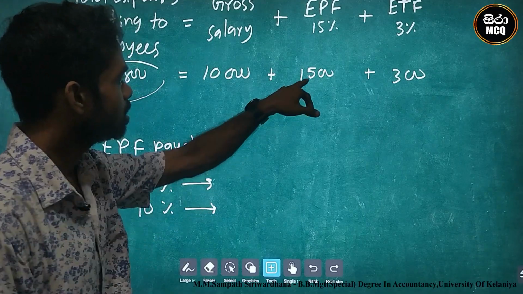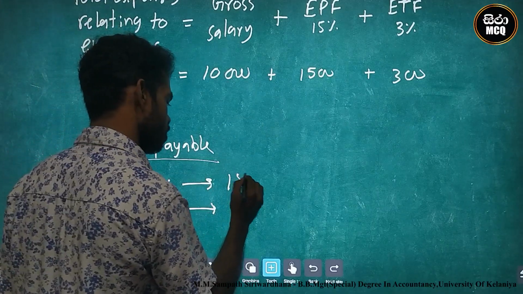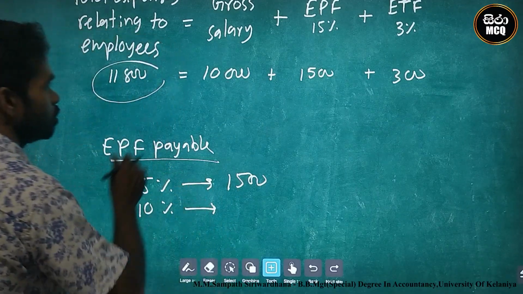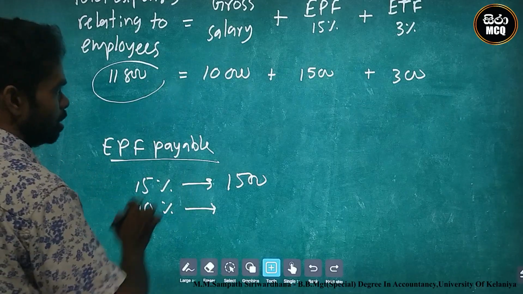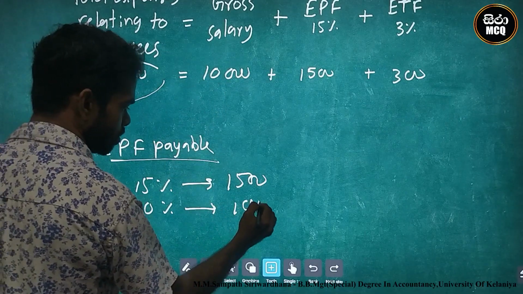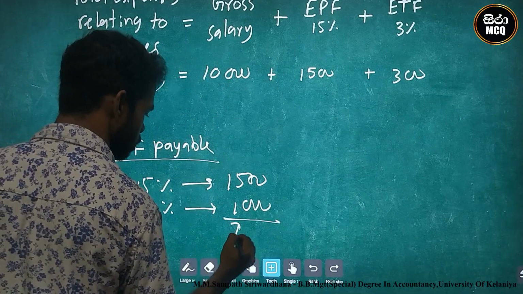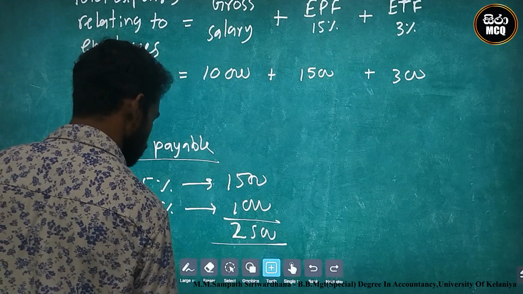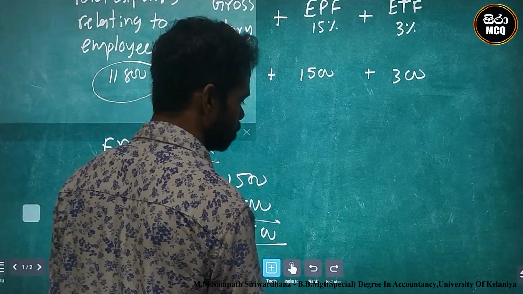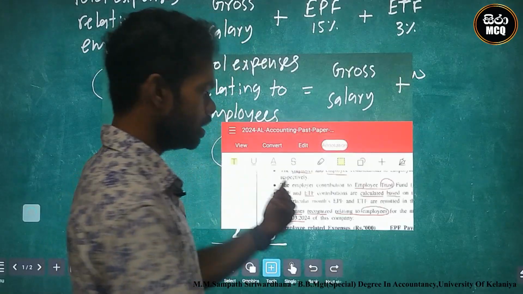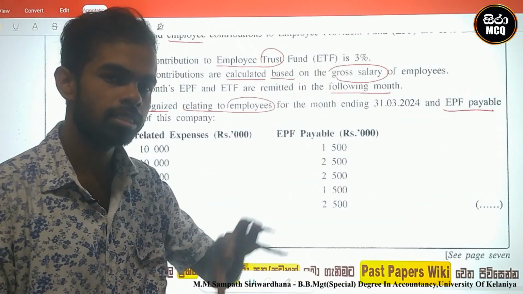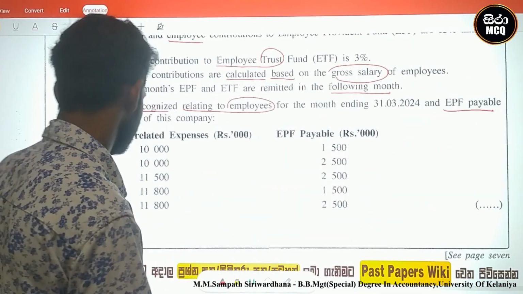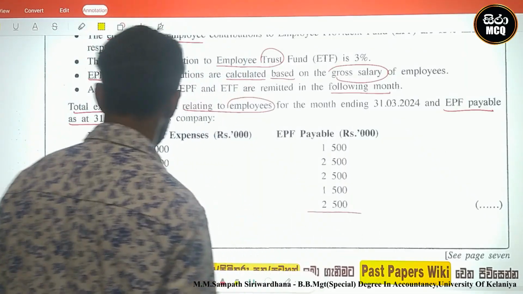Therefore, 15% is 1,500, and 10% of gross salary means 1,000. The total payable is 2,500. 2,500 is the total EPF payable. At the payable time, you must identify both 10% and 15%. The answer is 2,500.